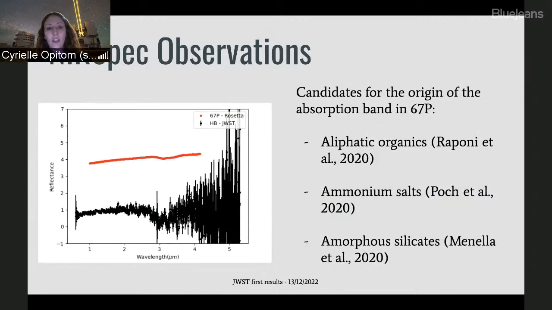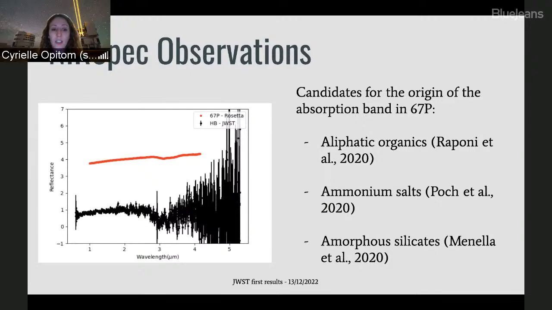So another interesting comparison that I'm showing you here is the same reflectance spectrum, but now in red is the reflectance that was measured for 67P, the target of the Rosetta mission, which we thought was a much more processed comet because it's on a much shorter orbit. It's been around the sun quite a lot.